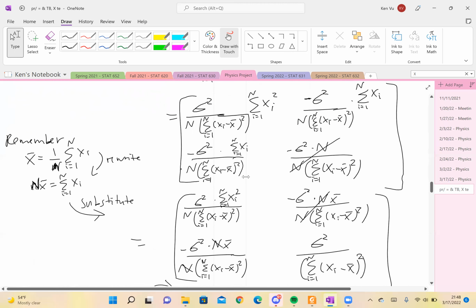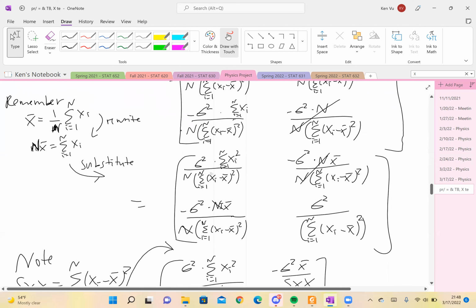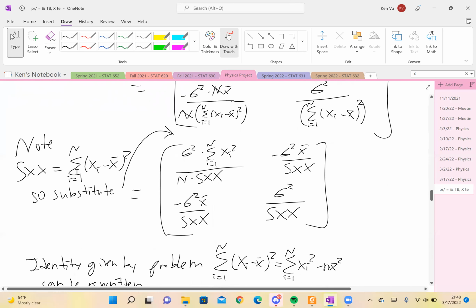Wherever you see the sum of the x values, substitute it with n times x bar. When you do that, the n's on the denominator cancel out.